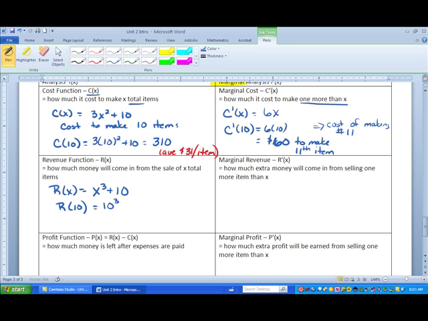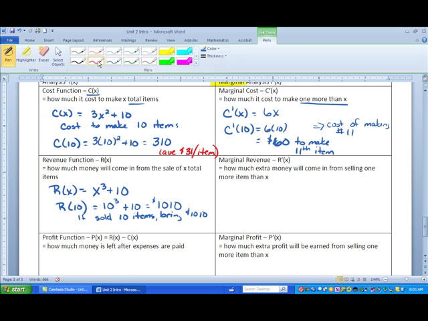Then we would do 10 cubed plus 10, which is 1010. So if we sold 10 items, we would bring in $1,010.